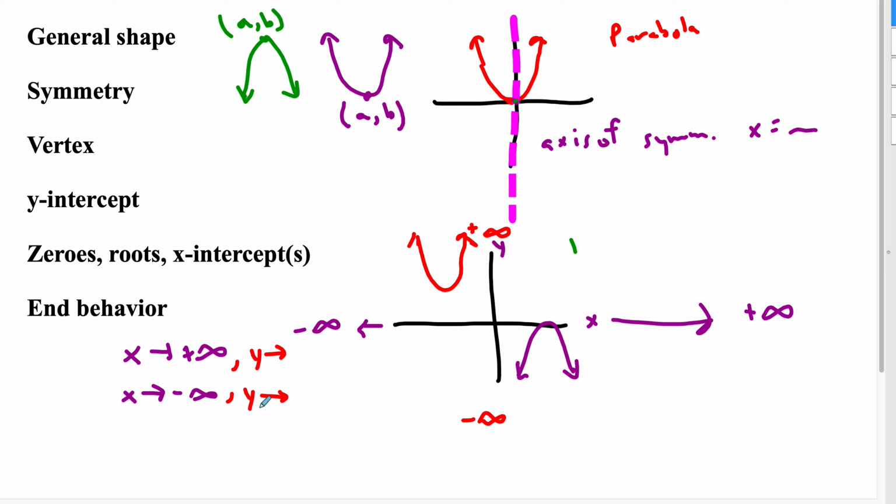So if you're looking at a quadratic that opens up, it means that both ends are heading to positive infinity, or both ends are heading to negative infinity. This is always going to be true of any quadratic. The end behavior is going to be the same, meaning when we're heading to positive or negative infinity, it's either going to be both positive or both negative infinity. Looking up, or here they both open down, okay?